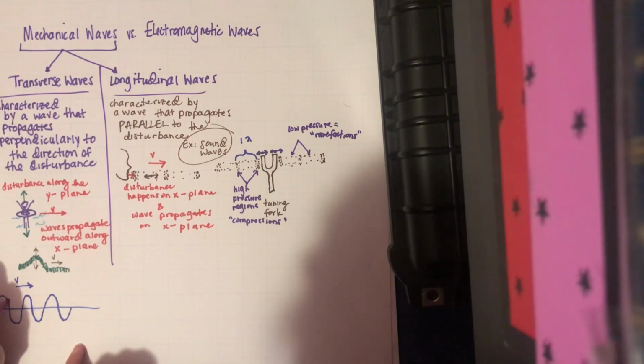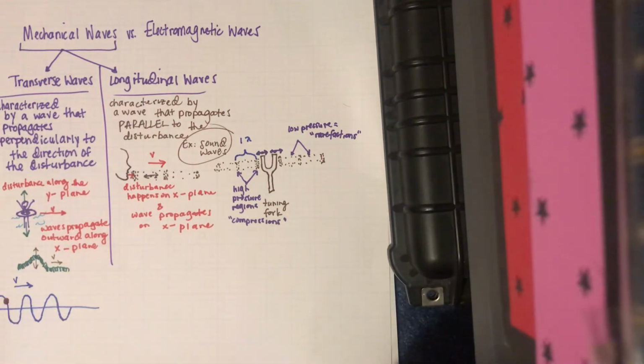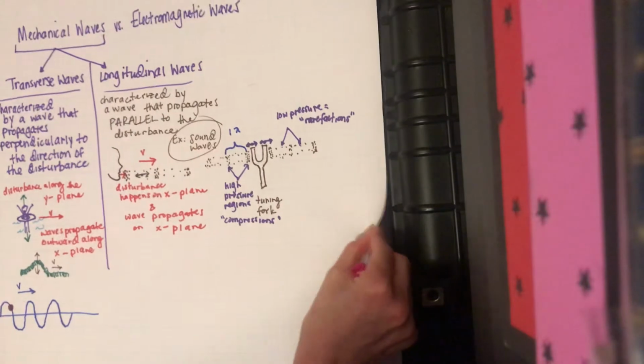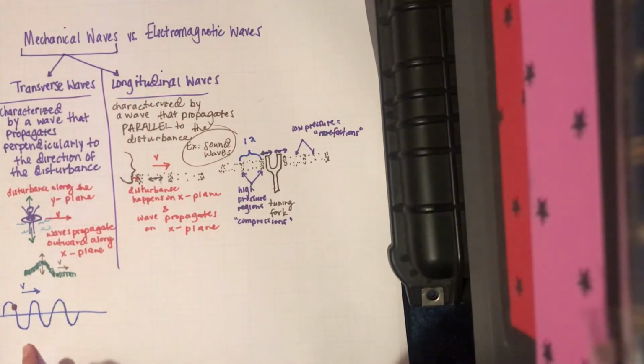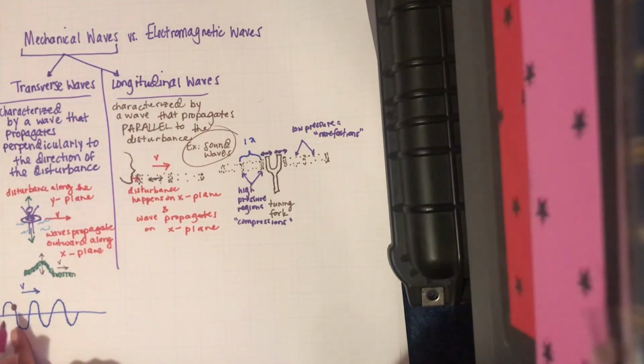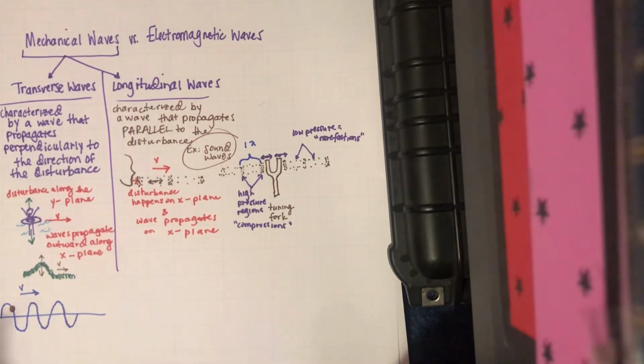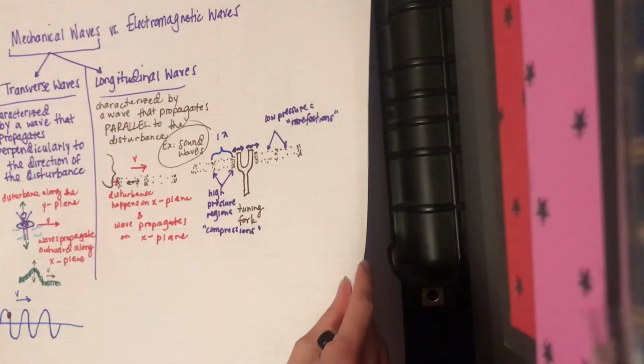So let's say I have an object sitting right here in the context of this waveform, and this wave is traveling to the right. So what I'm going to do is take the direction that this wave is moving in, and draw a new waveform shifted slightly in that direction.